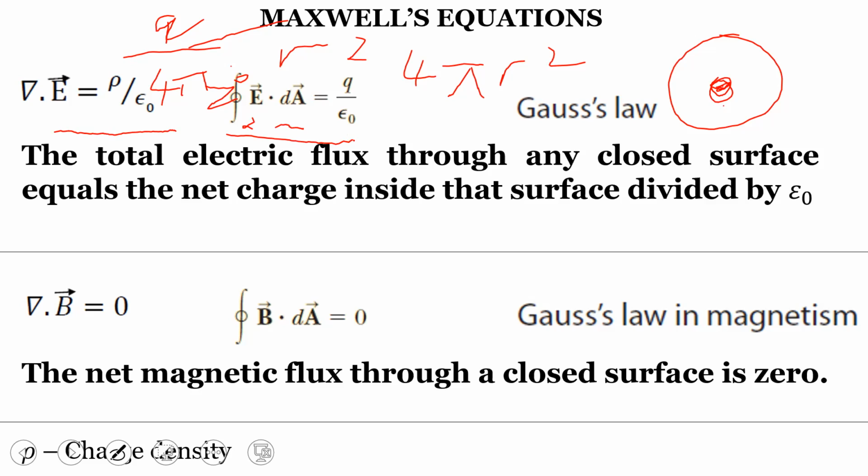If you think about it, magnets don't exist as monopoles. They exist as both north and south pole. So the number going out will always be equal to that coming in, and that will add up to 0. So the net magnetic flux through a closed surface is 0.